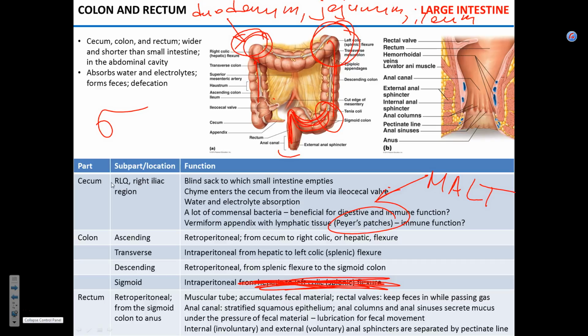Now, if you look at the rectum, there are rectal valves in the rectum. The purpose of the rectal valves is to separate two processes that the rectum does: passing gas and defecation. The presence of these valves actually allows humans to pass gas without defecating.